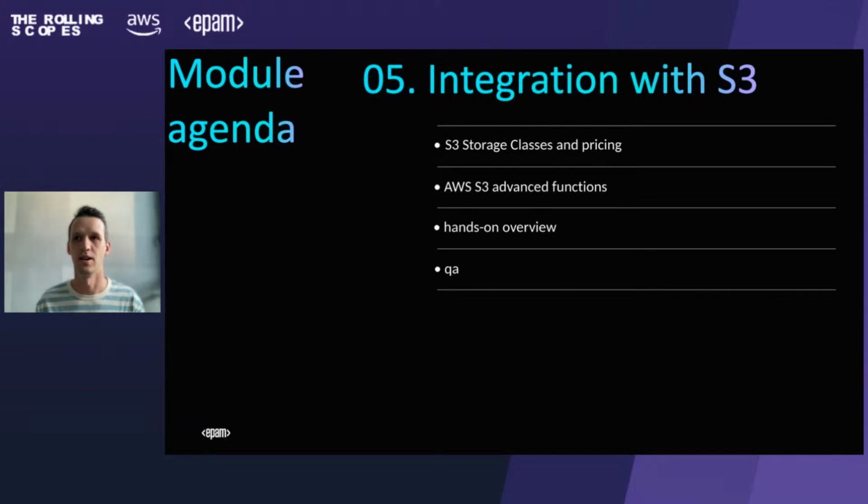How can you save some spending, not to pay so much money just for some files stored in your S3 bucket? So we'll take a look at all of this. And also we'll briefly talk about the hands-on. And as I said, I will try to give you all the definition of done for this task, so you know what is expected by the one who will check your homework.